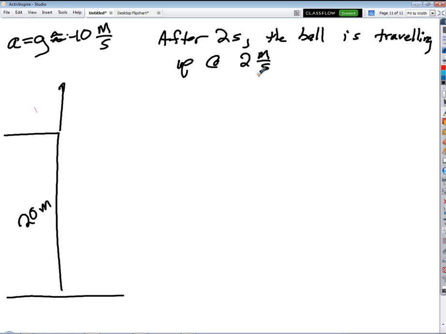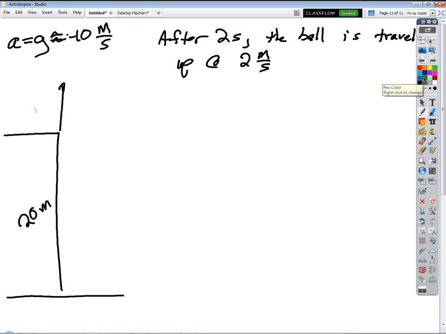Okay. I'm asking, how fast did he throw the ball? Okay, so what is the quantity I'm looking for there? Initial velocity. Okay, what am I given in this case?